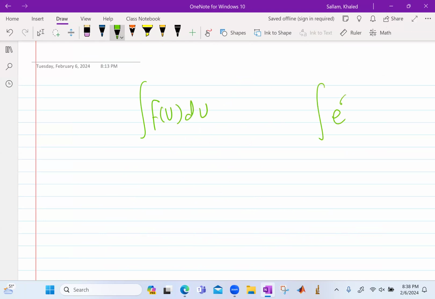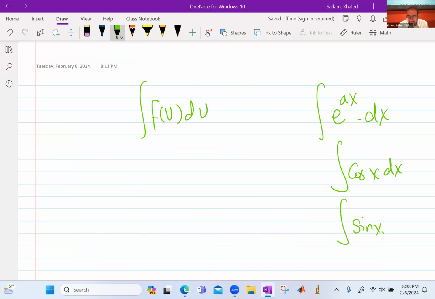So, integrating those things, you need a table, right? Because not that many people remember that the integration of cosine x is sine x. And if it's like cosine ax, you divide over an a, and the integration of e to the power ax is e to the power ax divided over a.